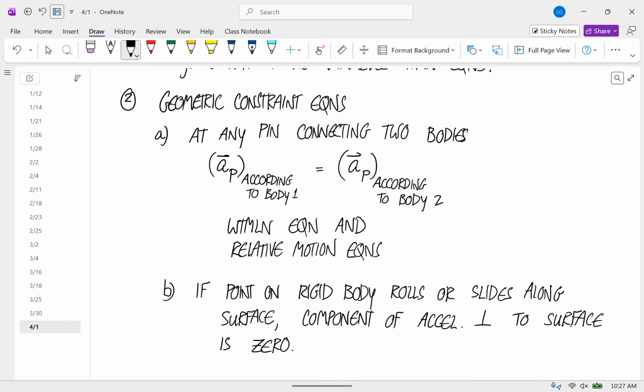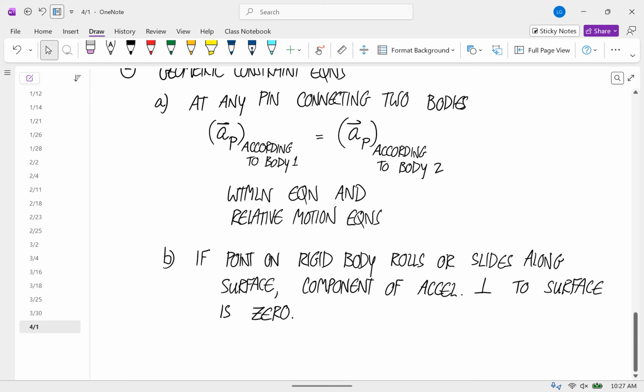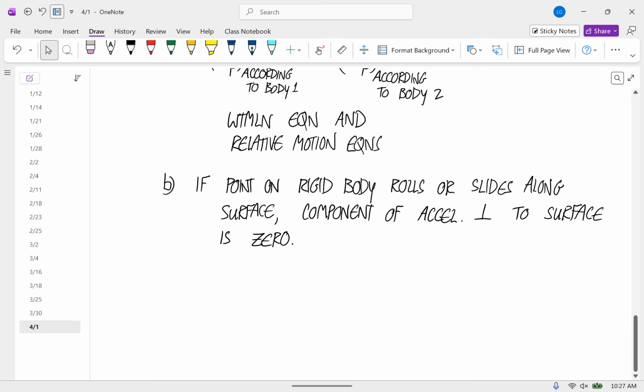Okay, so that's just saying that the contact point is not going to sink into the surface or jump off the surface. And again, to do that, we're going to use the watermelon equation and the relative motion equations.